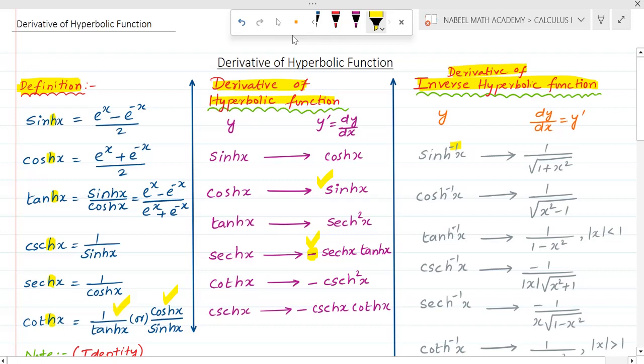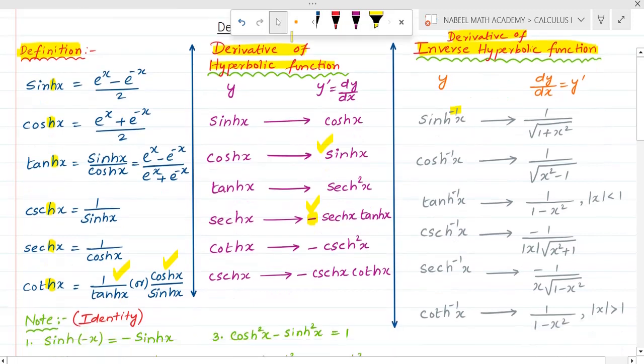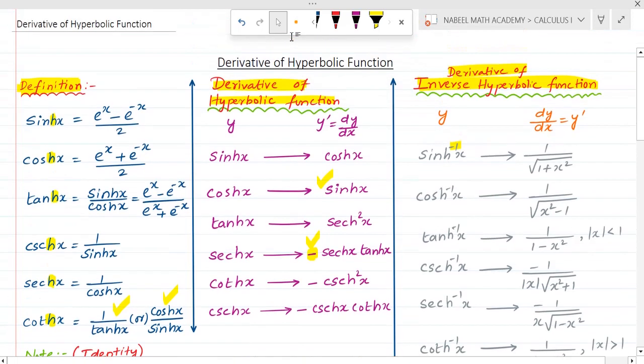And the derivative of cosh inverse x is 1 over square root of x square minus 1. Whereas there it is plus, here it is minus. This is a slight change in the formula. So we have to remember these formulas in order to solve the problems, because these are inverse hyperbolic functions.